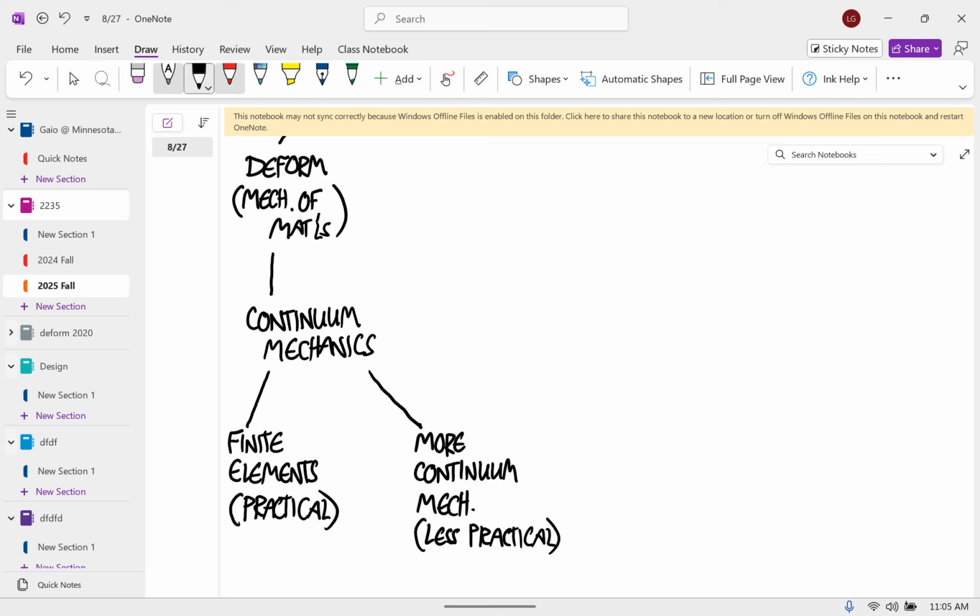Yep. When does higher level continuum mechanics like that get used if we have FEA and lots of other stuff? I mean, it gets used in mathematical research. I guess the question is, are there things that FEA can't solve?